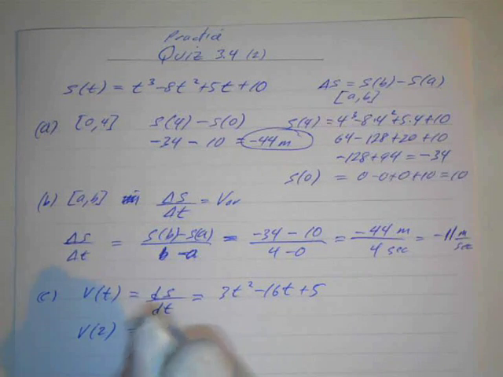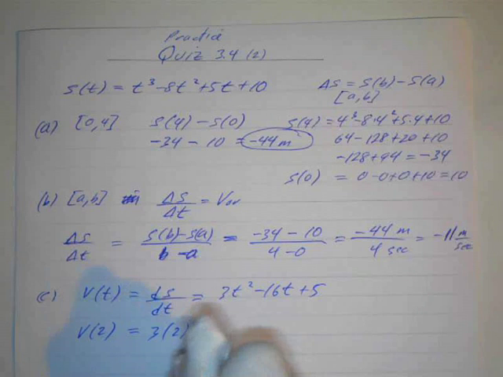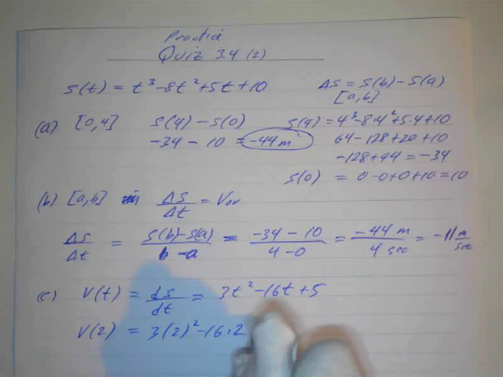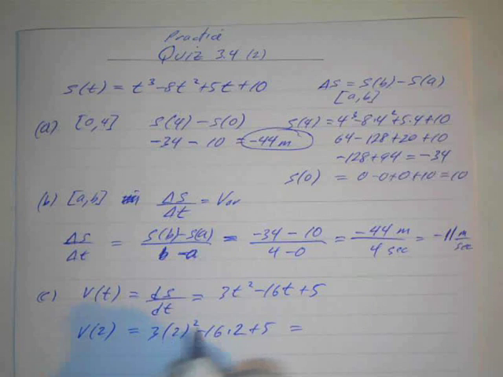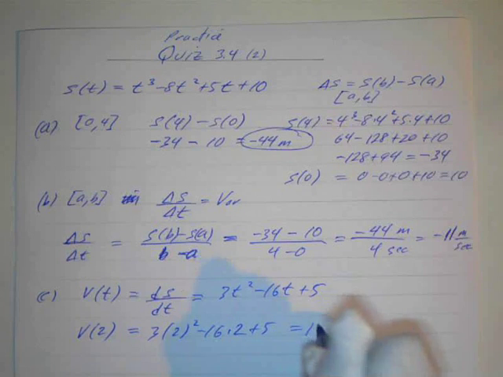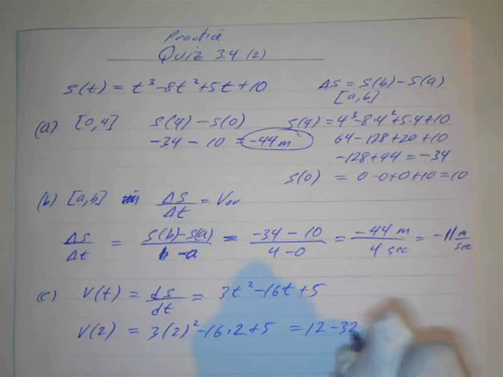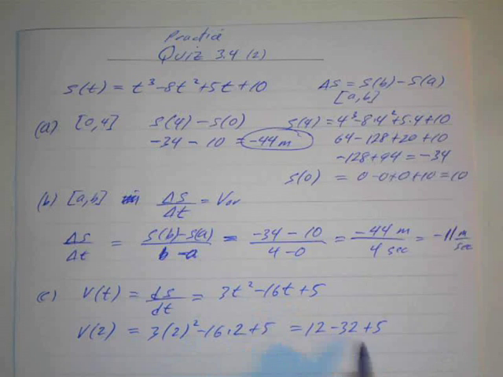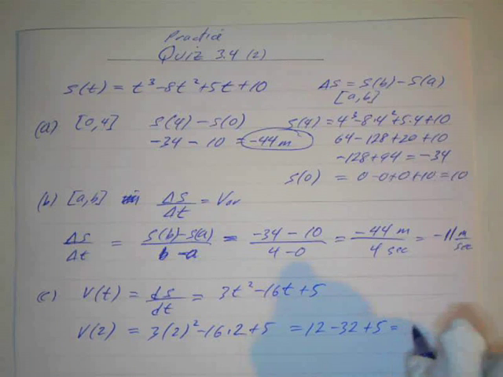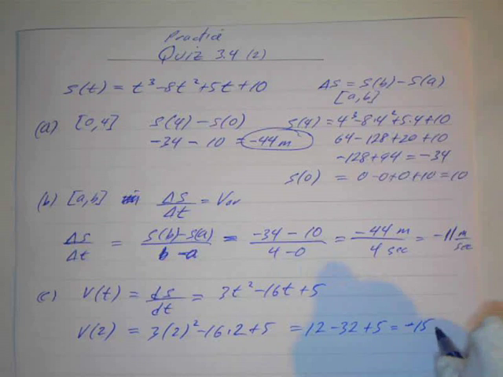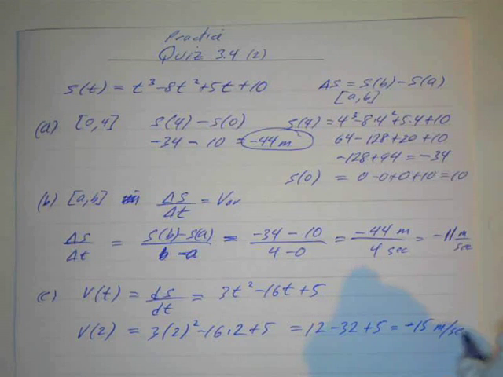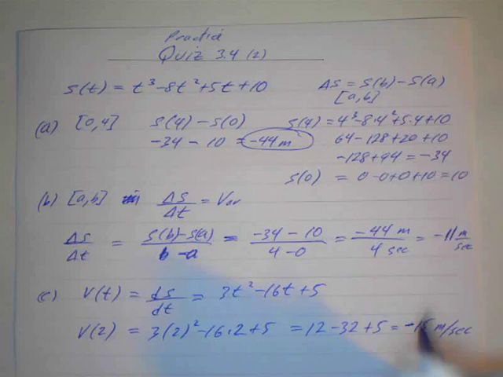That's 3 times 2 squared minus 16 times 2 plus 5. 2 squared is 4, 3 times 4 is 12, minus 32 is negative 20, plus 5 is negative 15. That's meters per second also. So negative 15 meters per second.